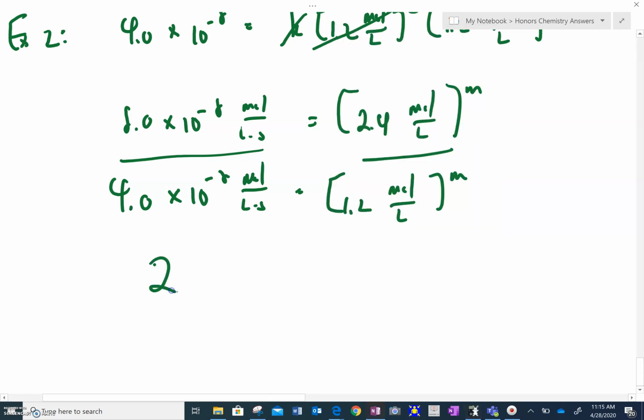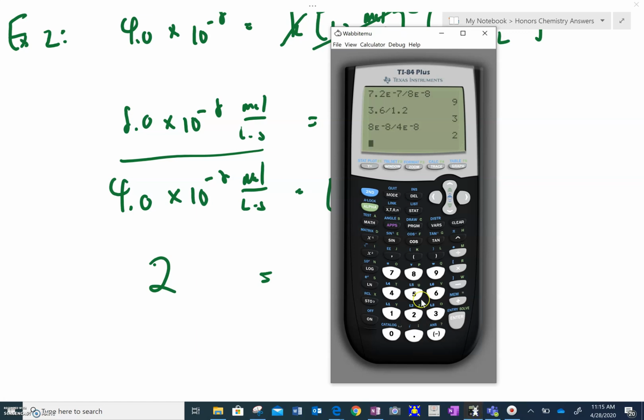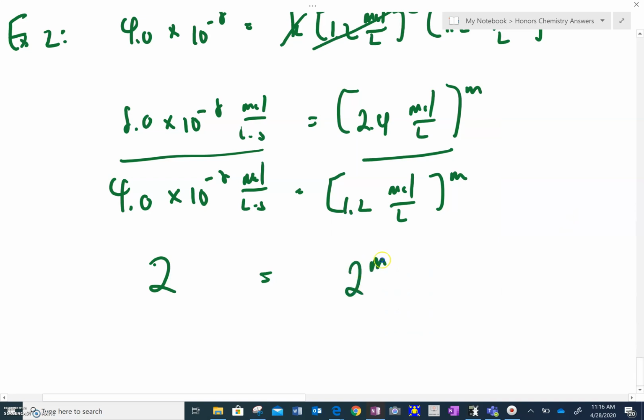That is 2. 2.4 divided by 1.2 is also 2. So that means that whatever m is, 2 raised to the m power is 2. That means m has to be equal to 1. And that means that you now know the order for both of these.